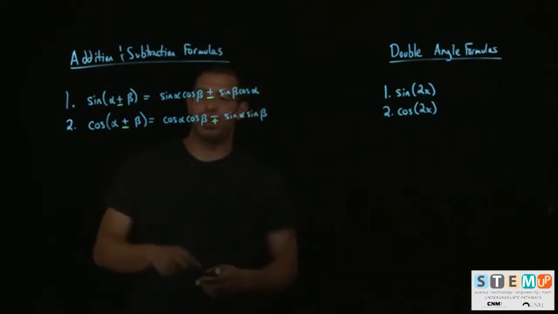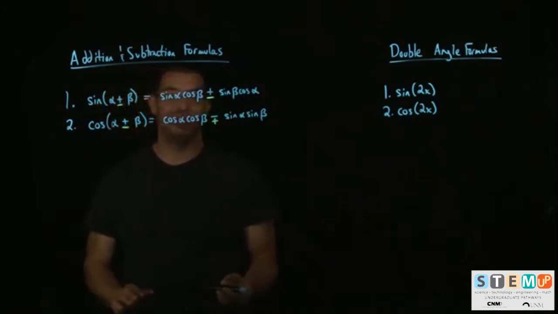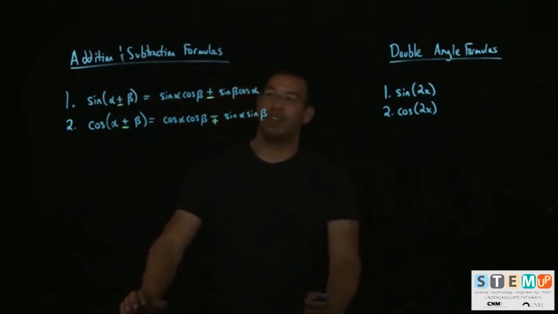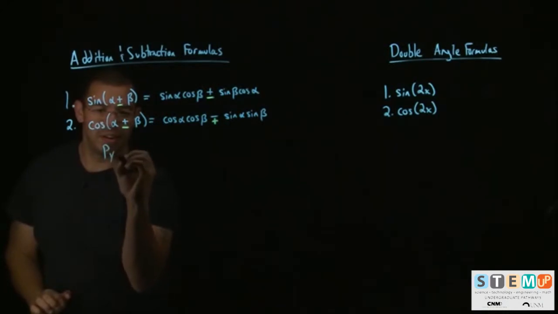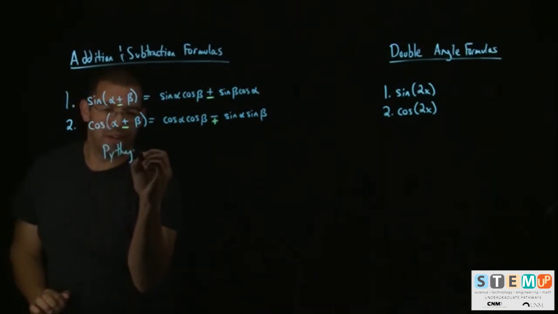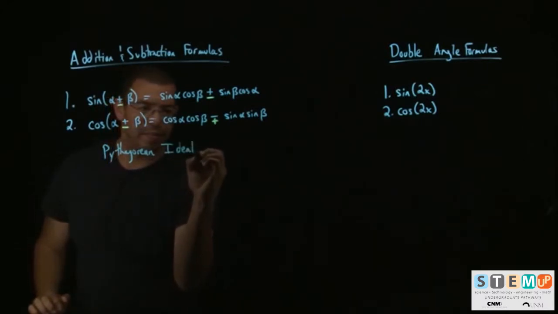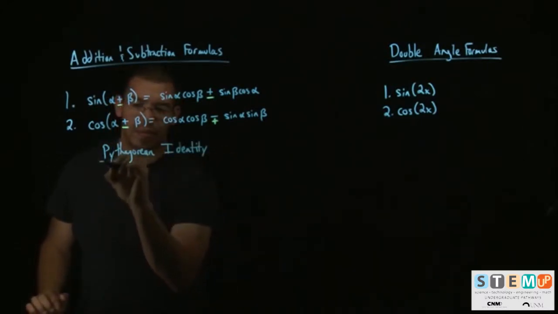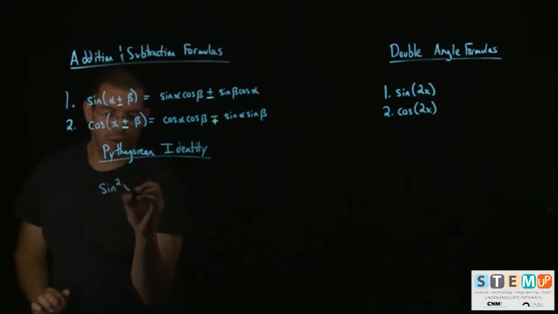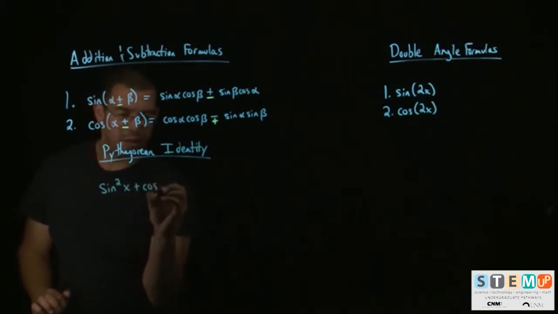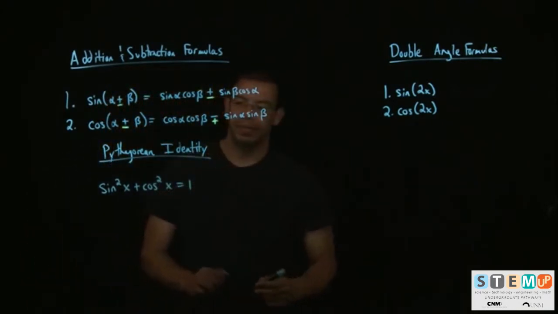So I just wrote it this way for compactness, just so I can fit everything on the board at once. So we have our addition and subtraction formulas. The only other thing we need to know is our Pythagorean identity. And the one I'm going to use is sine squared plus cosine squared is equal to 1.